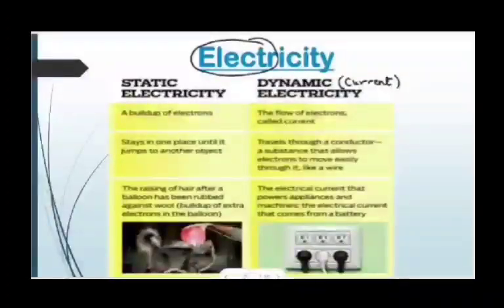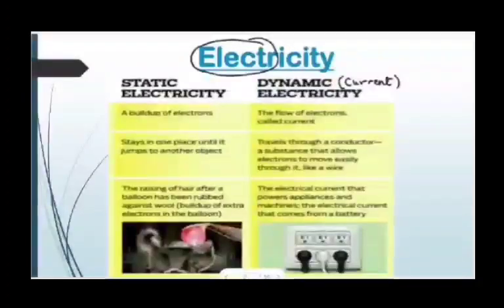Electrons are nothing but the negatively charged subatomic particles in an atom. If the negatively charged particles leave the shell of a particular atom, the atom becomes positively charged, and if it gains electrons, the atom becomes negatively charged.